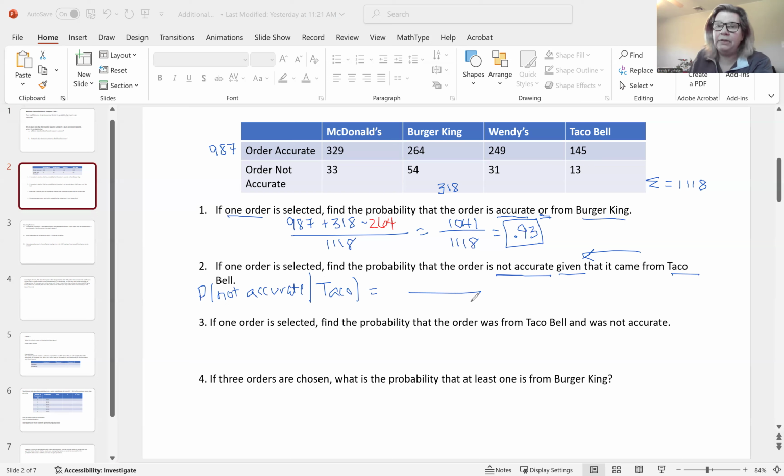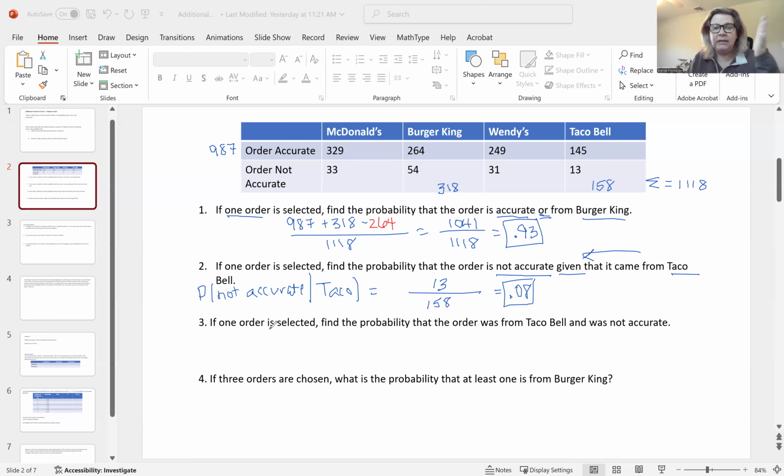Okay, so my population is now the number of orders from Taco Bell. So if I add those, I get 158. That's my new population. So now I just want out of just the Taco Bell orders, how many were not accurate? Well, 13. So 13 out of 158 gives me 0.08.